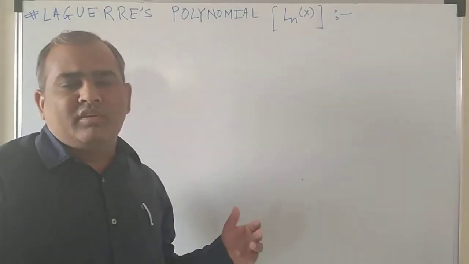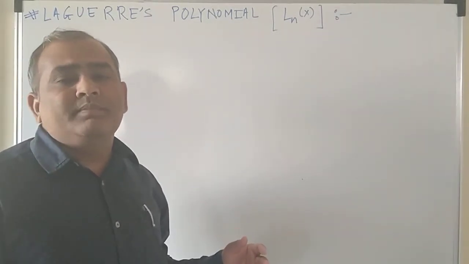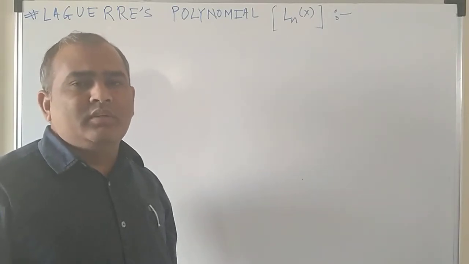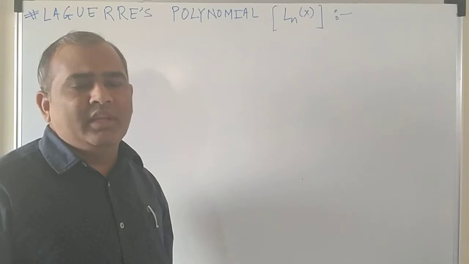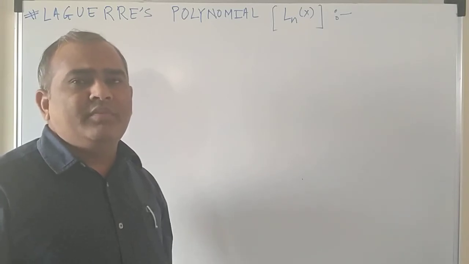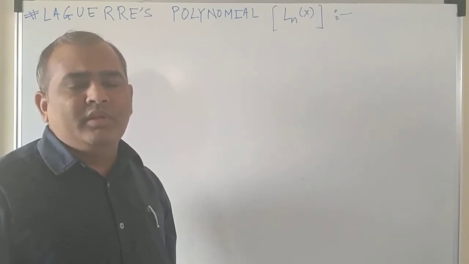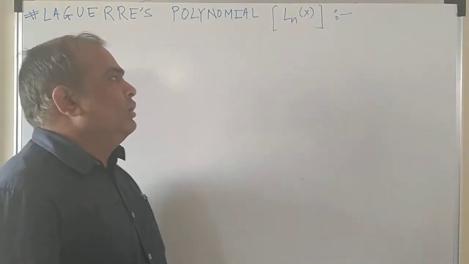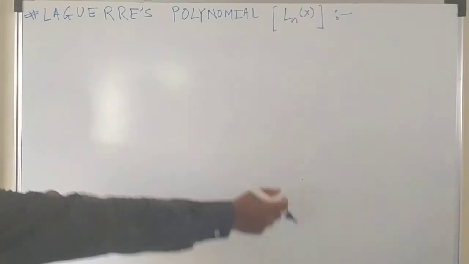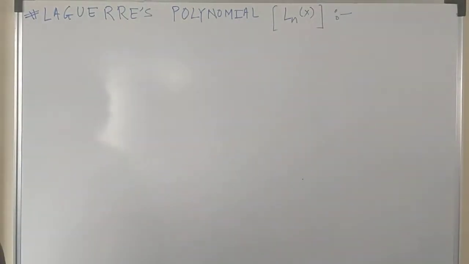All three are important. To prove some orthogonality property we need a differential equation, and to obtain the first few polynomials what we need is a generating function, right?